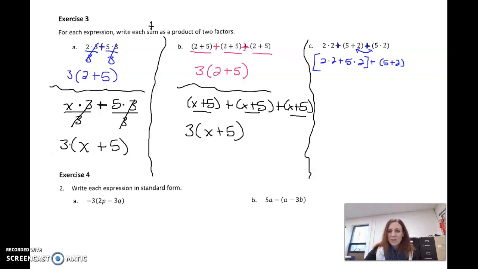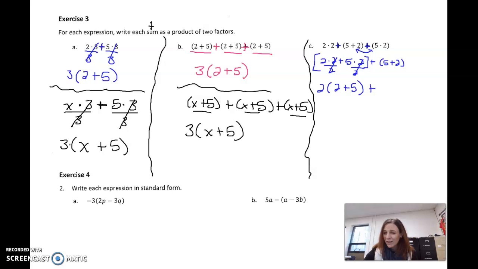Okay, we have this term, and both of those terms have a 2 in it. So I'm going to divide out that 2. So remember, dividing out the 2, that's what I'm multiplying by. If I divide these 2's out, I'm left with 2 plus 5. Okay, and again, don't stress about this. I just need you to watch. And then I'm going to add it to this one over here.